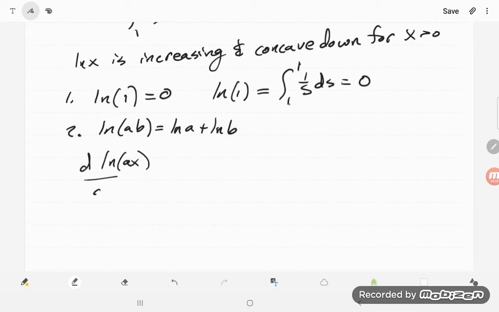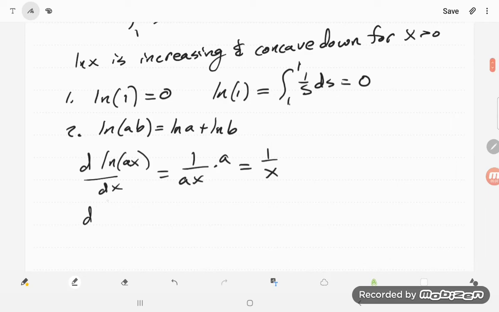That is 1 over ax, times the derivative of what was inside, so a. But 1 over ax times a is just 1 over x.